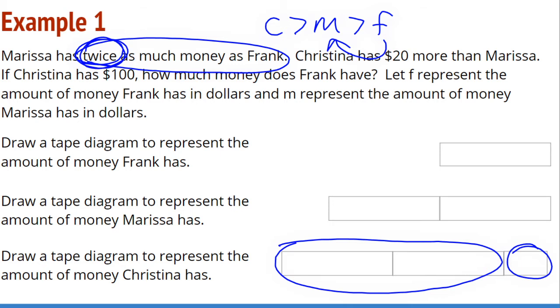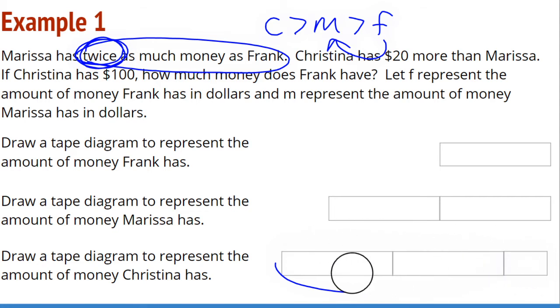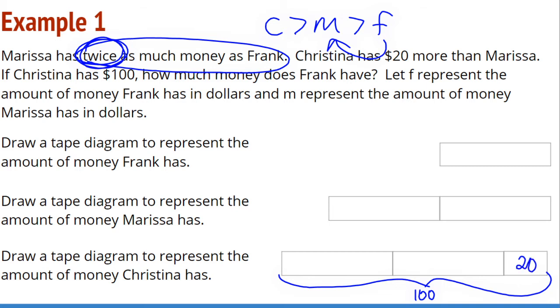Now it says Christina's got 100. So I'm going to work on the tape diagram with Christina. Christina's got 100. And this is 20 right here. Now all of this is Marissa. And when I look at Marissa's, it is made with double of Frank.